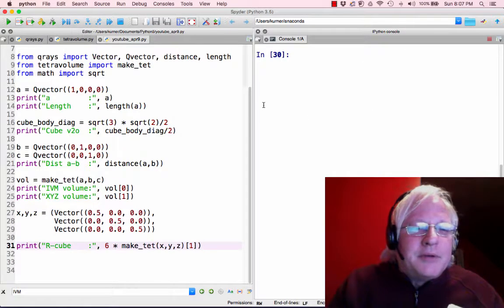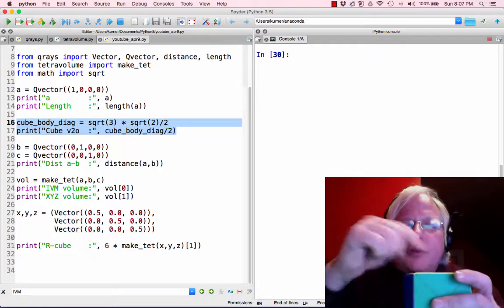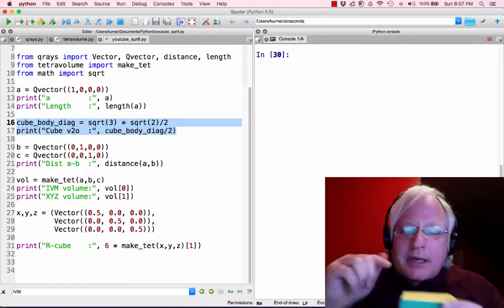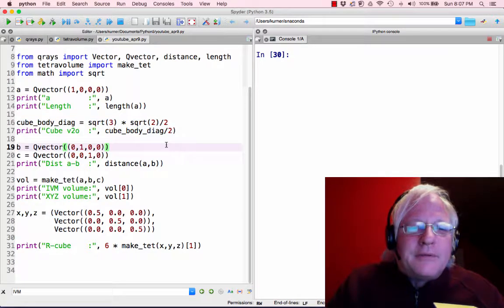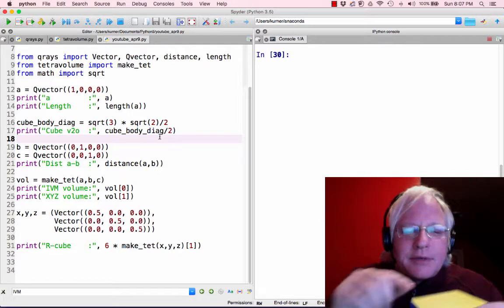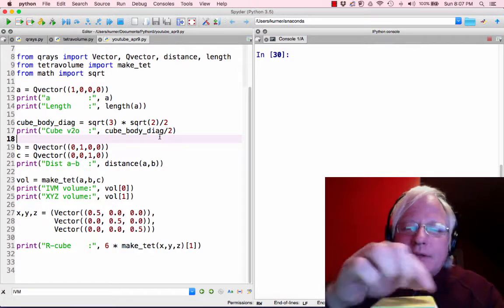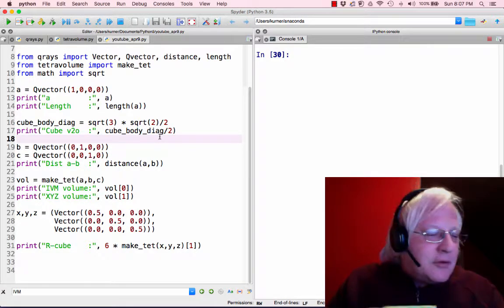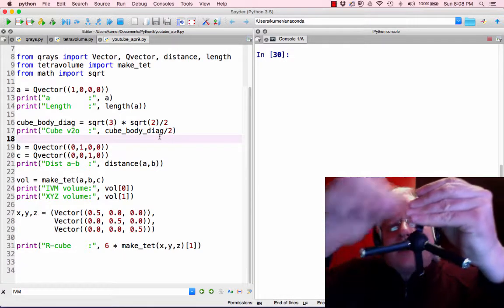So that's what I'm computing further down on line 16 and 17 in this script. I'm just looking ahead and getting my corner to cube center length, so half of the body diagonal. What's that going to be? It's going to be half of the square root of 3 times the scale factor of square root of 2 over 2. That's what I want the length of each of my quadrays to be, because I want my quadrays to define an encompassing or embracing tetrahedron, where all the edges are 1.